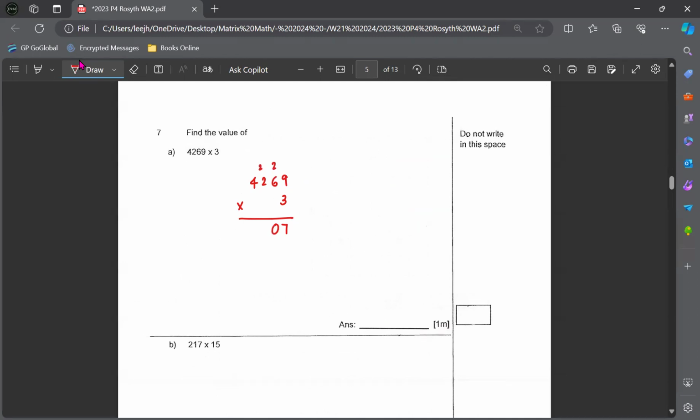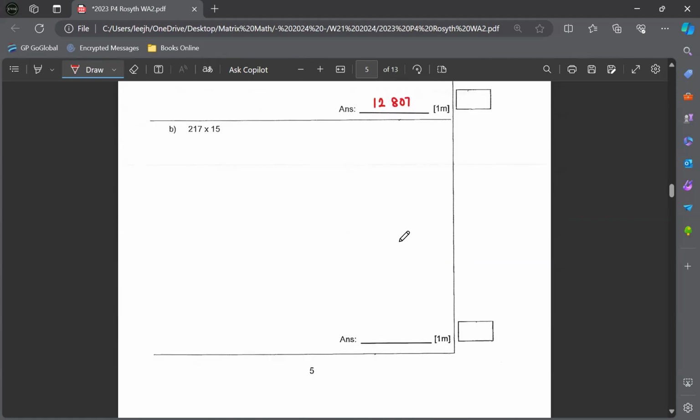Put a 0. There's a 2 there. 2 times 3, 6. 6 plus 2, 8. But then don't forget to take 4 times 3 also. 4 times 3, 12. No more numbers over here to regroup. So you just write the 12 exactly here, like immediately here. So the answer is 12,807.